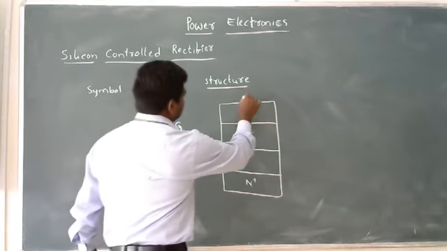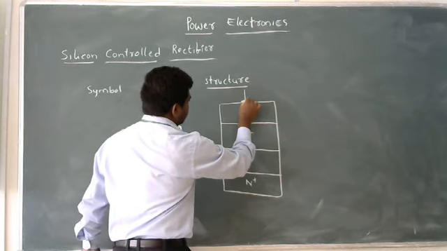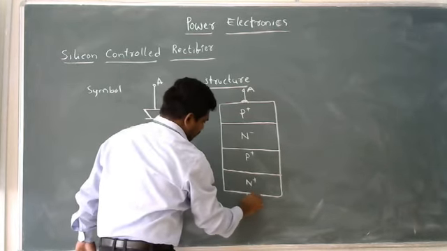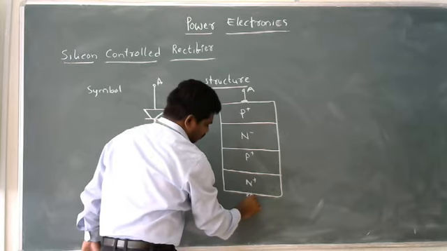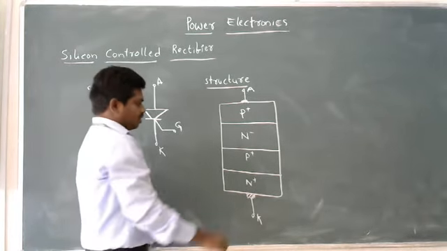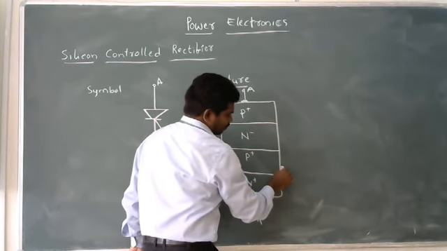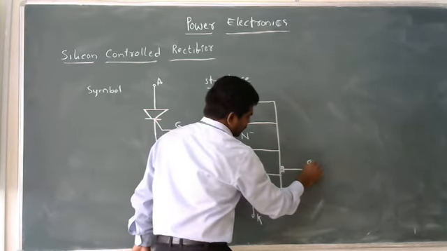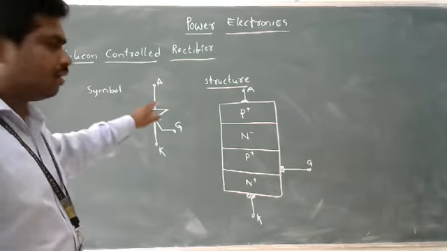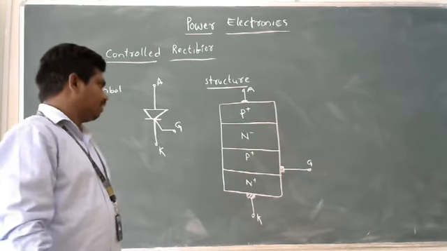See, this side we have the anode, this side we have the cathode. This is the cathode terminal, this is the anode terminal, and here it is the gate. So the upper terminal is the anode terminal, the bottom terminal is the cathode terminal.